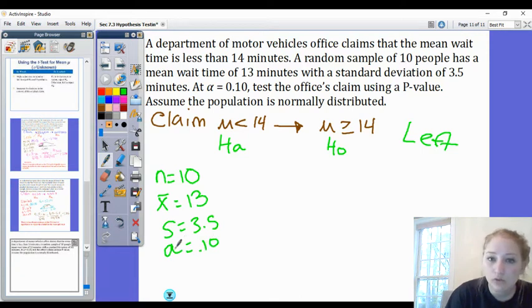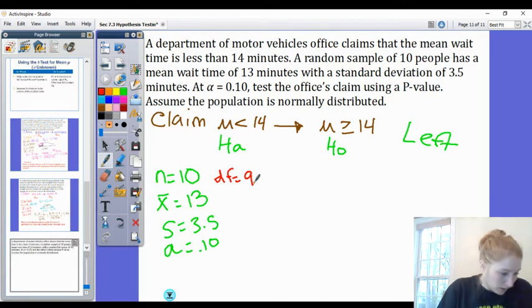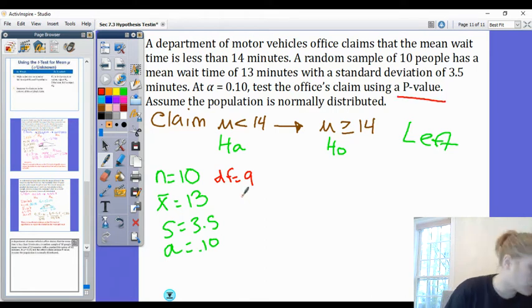So our degrees of freedom in this case is going to be 9. We're going to find our p-value in the calculator, and if the p-value is greater than alpha, we're going to reject, and if it's not greater than, we're going to fail to reject. Let me write down the calculator steps, and then let's run through this.